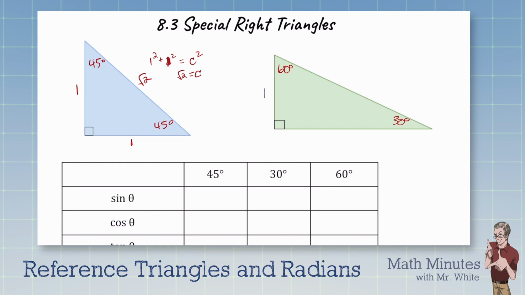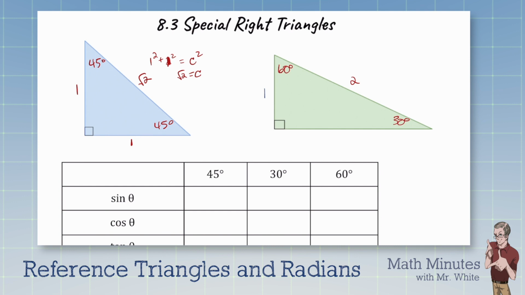And then, it's kind of neat, the hypotenuse is twice as big as the short leg. So if the short leg is 1 inch, the hypotenuse will be 2 inches, guaranteed, if you truly have a 30-60-90 triangle.